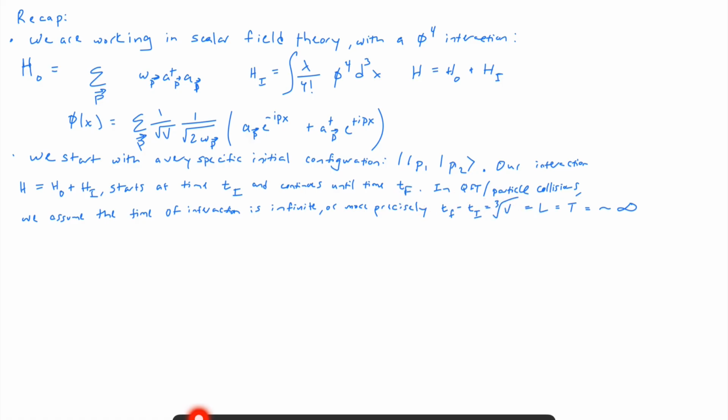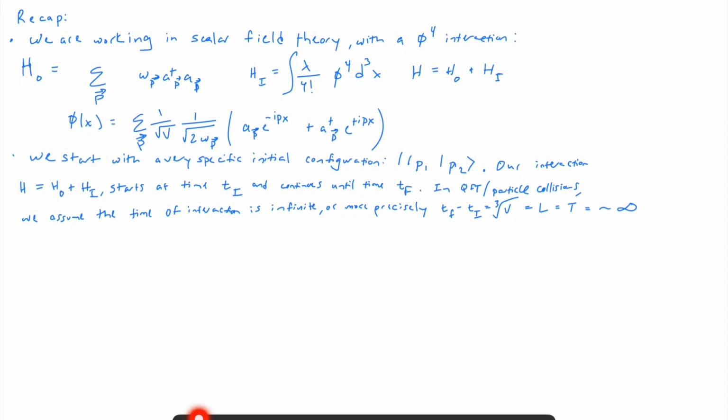In QFT particle collisions, we assume that this time of interaction, in other words, the difference between TF and T sub I, is essentially infinite. If we wanted to break it down a little more clearly, we sometimes call infinity this dimension capital T, which is really the length of our box. So if we think of the space of our interactions, our whole theory taking place in a cubical huge box of length L on each side, then we also think that the time evolution for our interaction is of the same dimension.